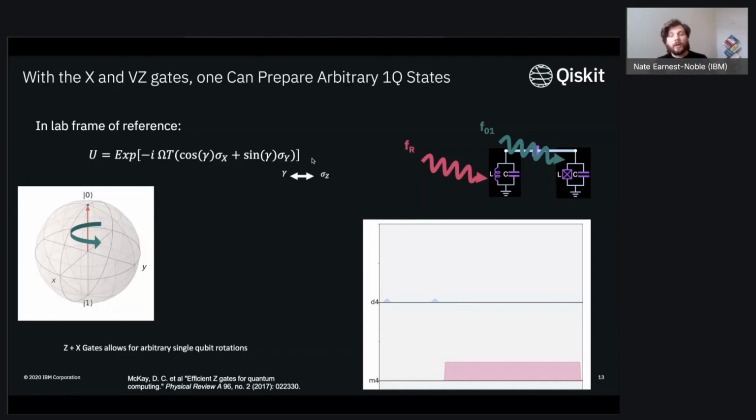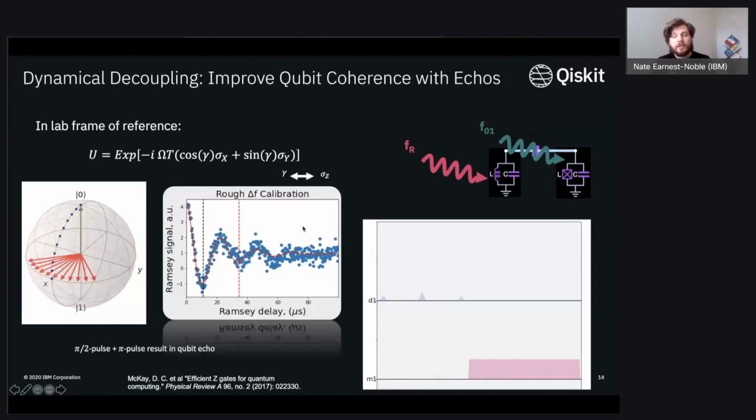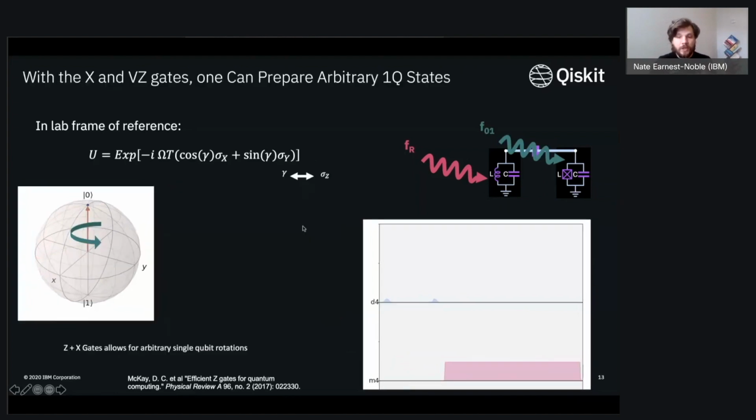But one thing I wanted to point out is a way in which you can begin to think about doing... Sorry, I realize I want to go back here and quickly mention that what I've shown here is a plot in which we have a pi over 2 pulse with some delay and another pi over 2 pulse. This harkens back to the Ramsey oscillation that I discussed in the previous lecture.